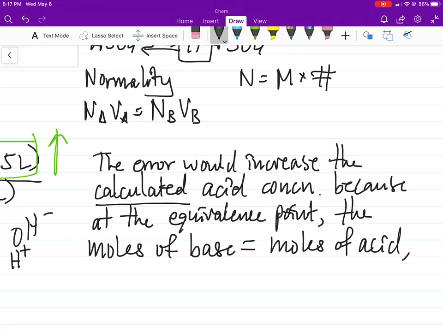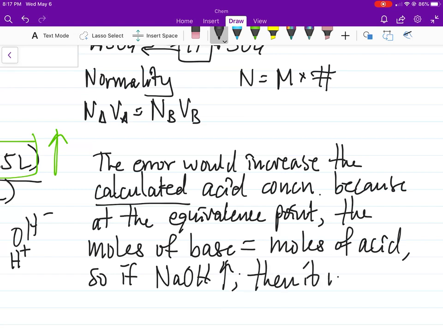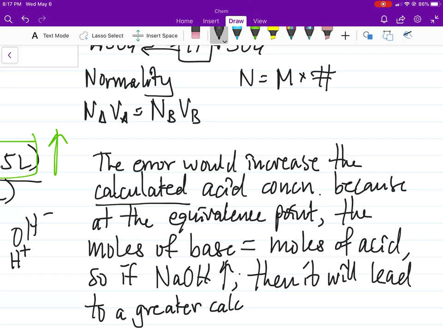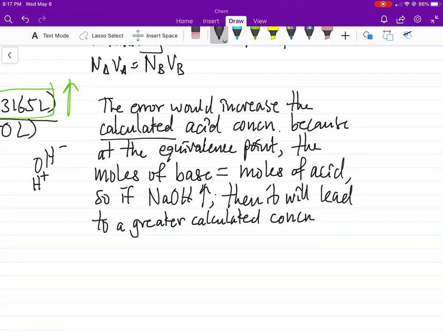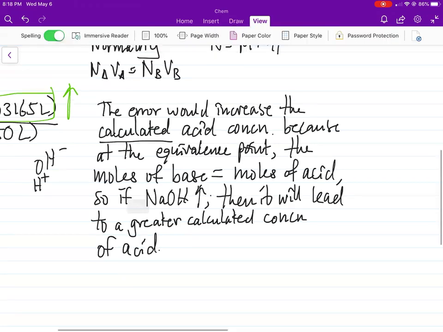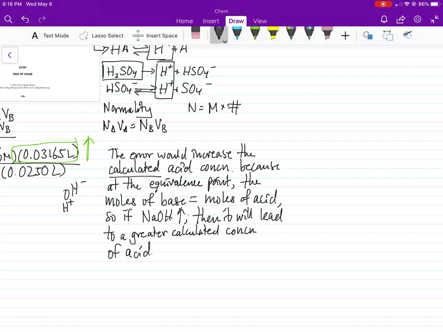So if there's an increase of NaOH, then it will lead to a greater calculated concentration of acid. So that would be a valid explanation.